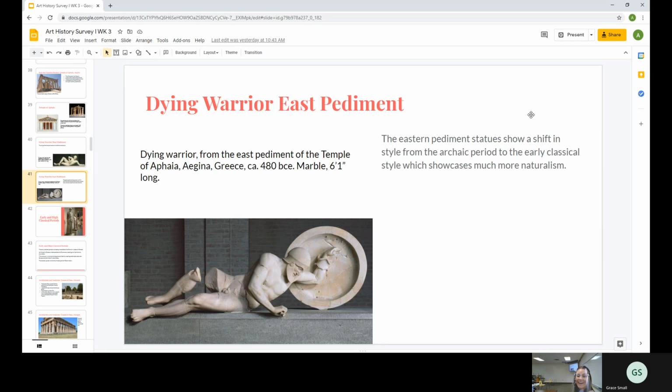A big difference there. He also has some more muscular definition as well as a more natural pose. He's not super stiff looking. He looks like he could be a real person rather than a cartoon. And the shield, right? Yeah, he's got a shield that he is trying to hoist and hold himself up on rather than give up.